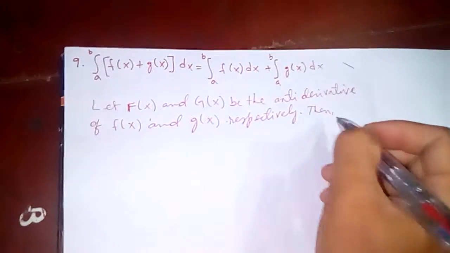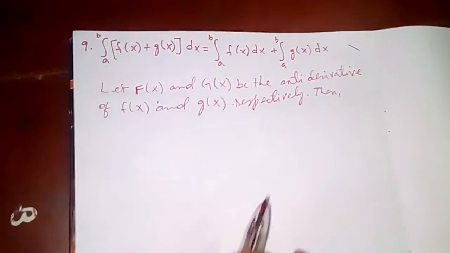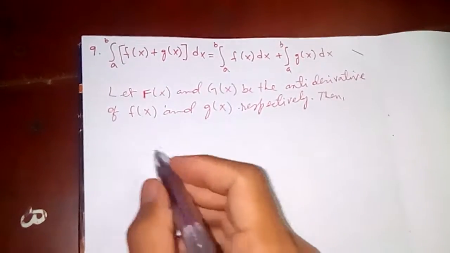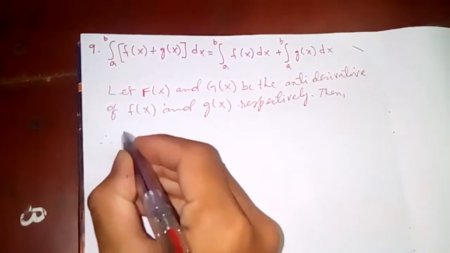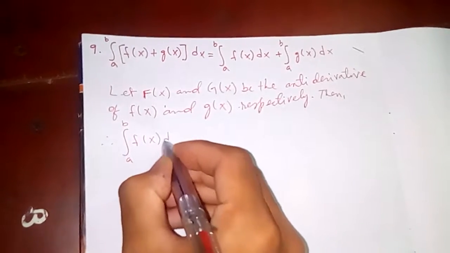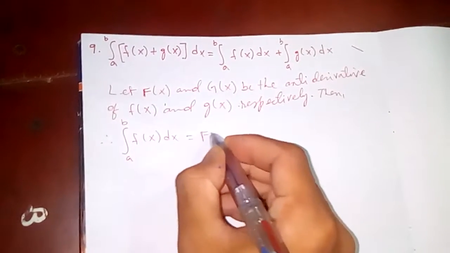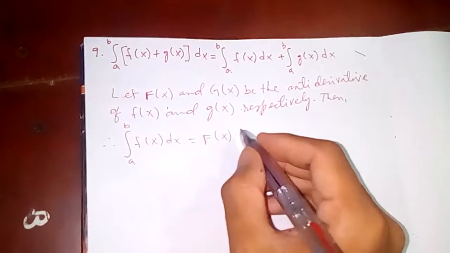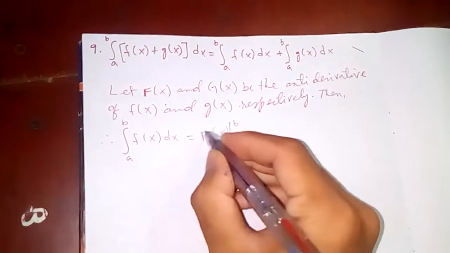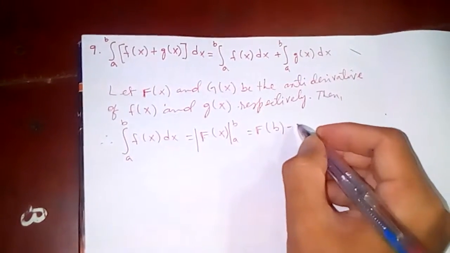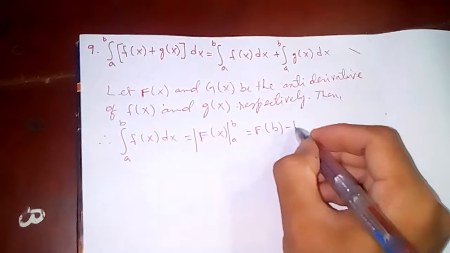Then, first let's evaluate the right hand side. The integral from a to b of f of x dx is nothing but capital F of x from a to b, because this is the antiderivative of f of x, which is F of b minus F of a from the fundamental theorem of integral calculus.